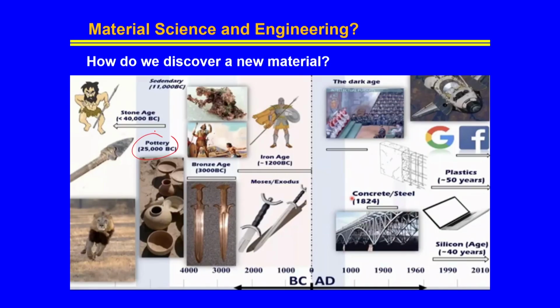You can see here, pottery was very important, because with pottery you could make objects like cooking utensils, or even other things. Tiles can be made of pottery also. That is very important, but that did not change the history of science or materials much, till somebody accidentally discovered bronze.